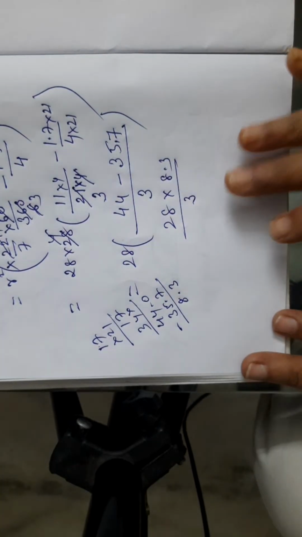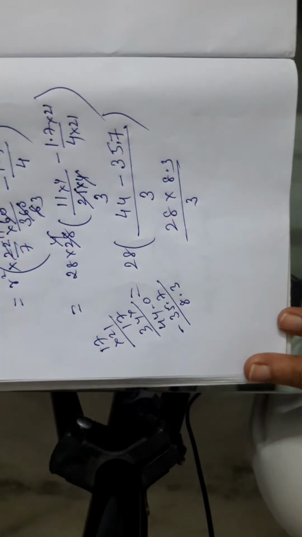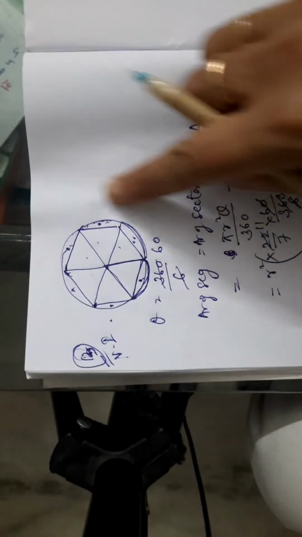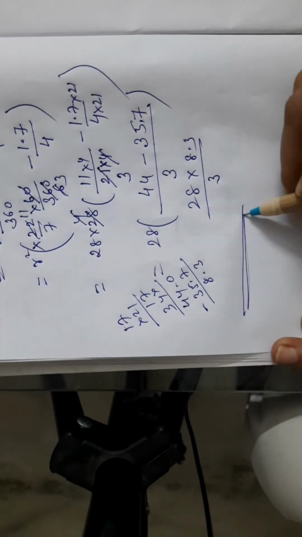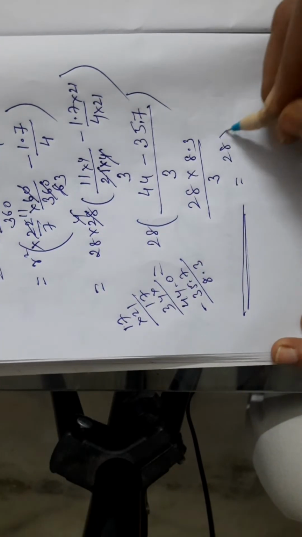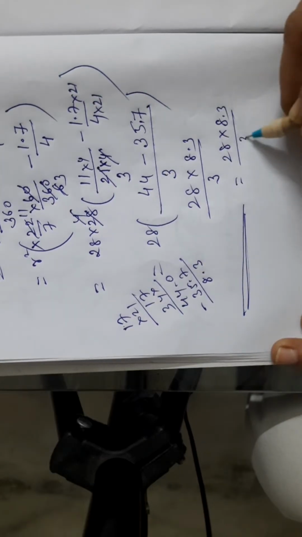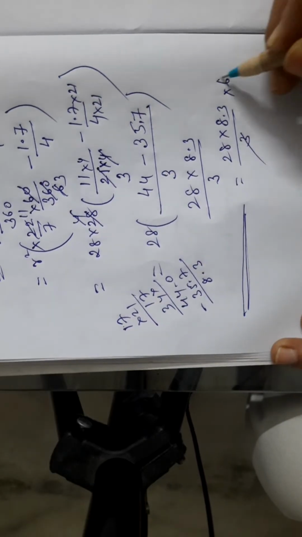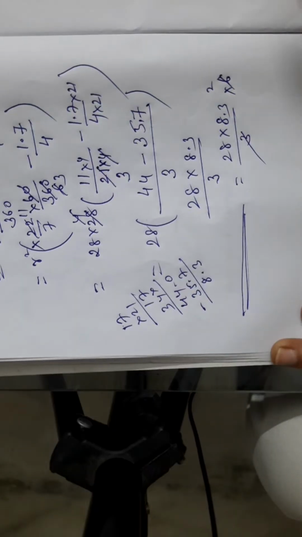So this we got for one segment. Like that, a total of 6 designs are there. Now the next statement will be area of 6 segments. So this part will be multiplied by 6, and again it got cancelled.